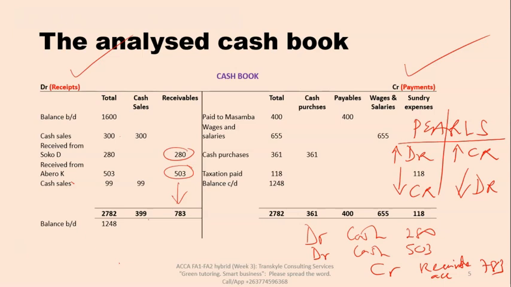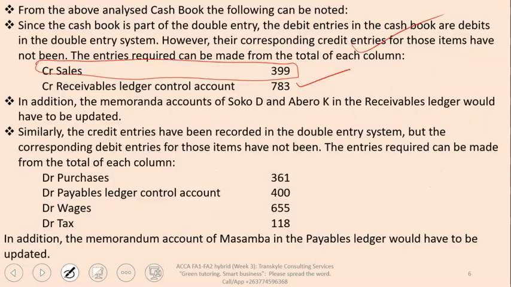Good. So let's go ahead. In addition, the memoranda accounts of Soko D and Aberoke in the Receivables Ledger would have to be updated, and we talked about the Receivables Ledger.